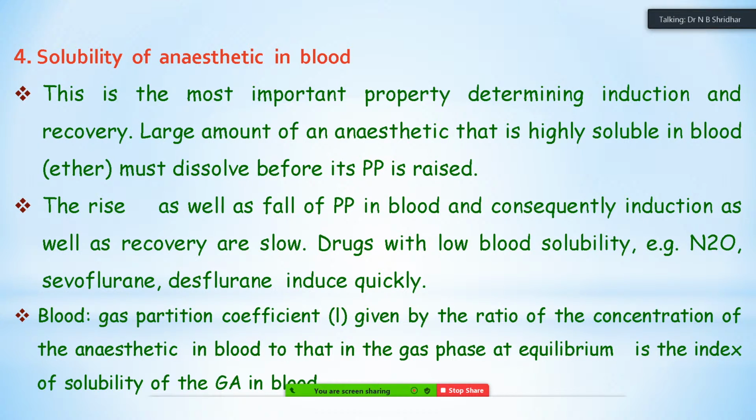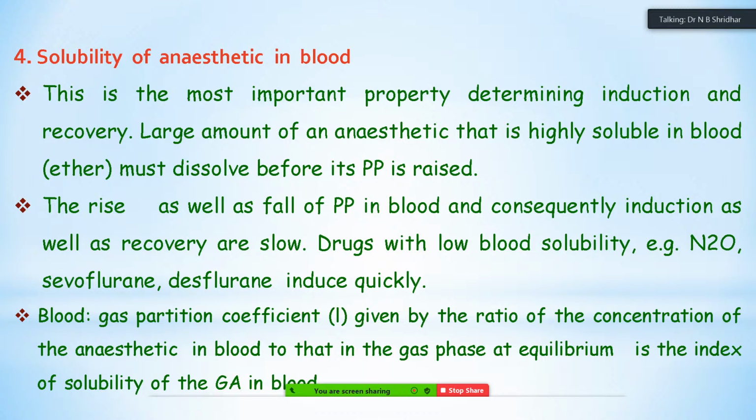The fourth factor is solubility of the anesthetic in the blood, and this is the most important property determining induction and recovery, because a large amount of an anesthetic that is highly soluble in blood must dissolve before its partial pressure is raised.